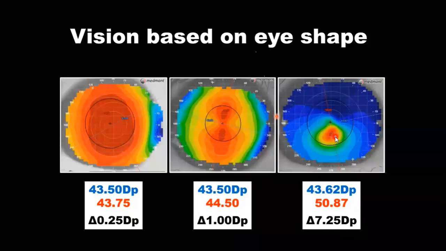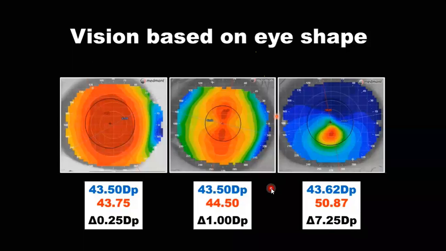Normally we know that the cornea would be very steep in the center, and at the periphery it would be flatter, but we are seeing something different here. In the center, compared to this part, the center is not as steep as this area, so this is definitely not a normal cornea.